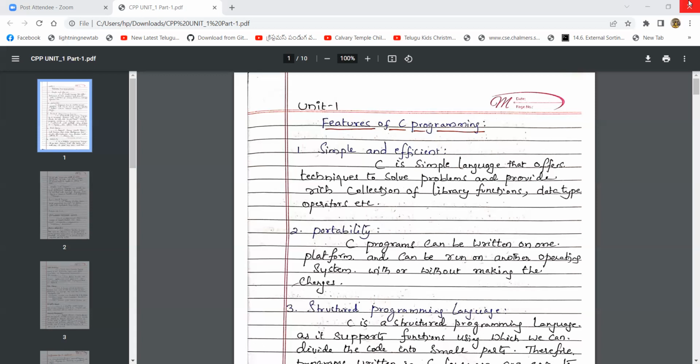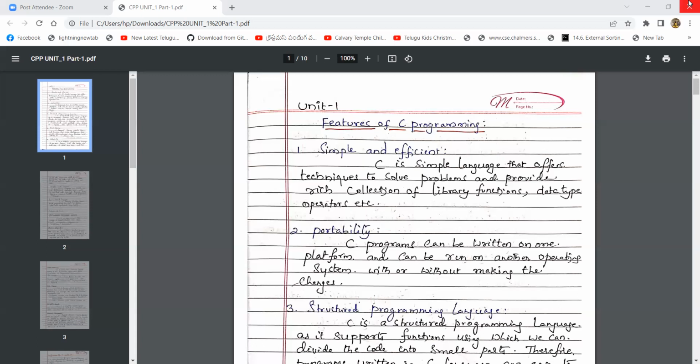We can use these predefined functions, data types, and operators, which makes it very easy to write applications. So we can say C is a very simple programming language.